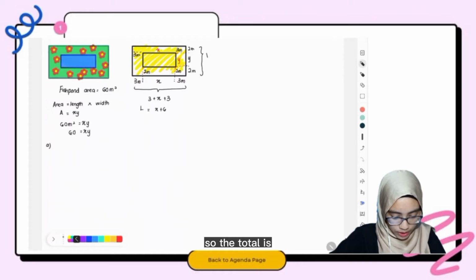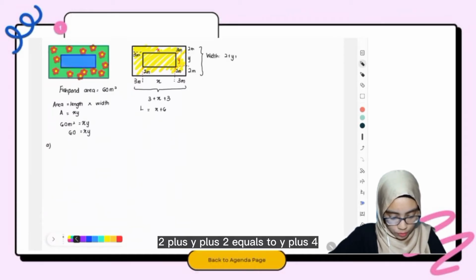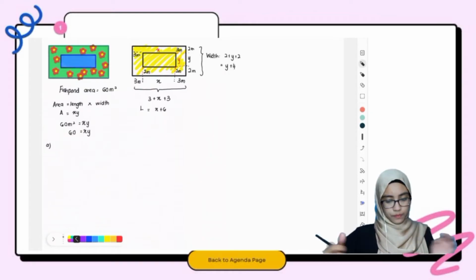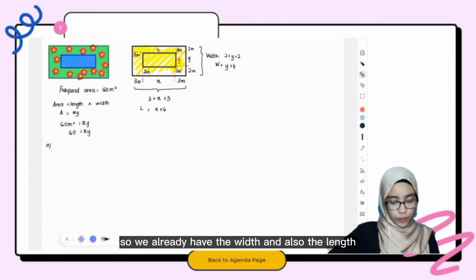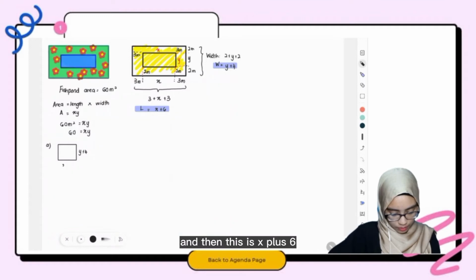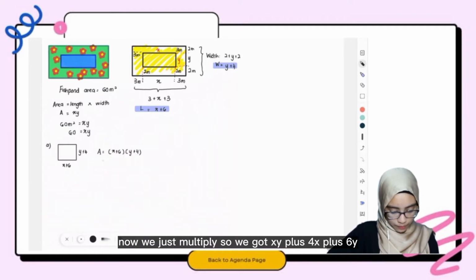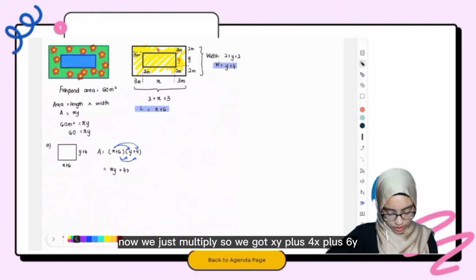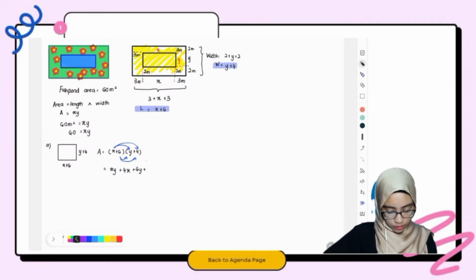So the total is 2 plus y plus 2, which equals y plus 4. So we already have the width and the length. Now we get the area: y plus 4 times x plus 6. So the combined area, we just multiply, and we get xy plus 4x plus 6y plus 24.